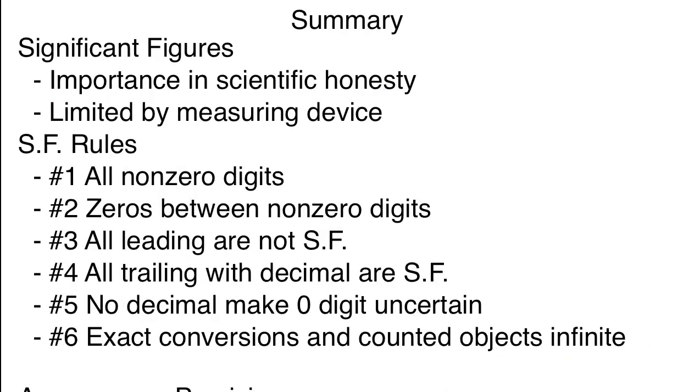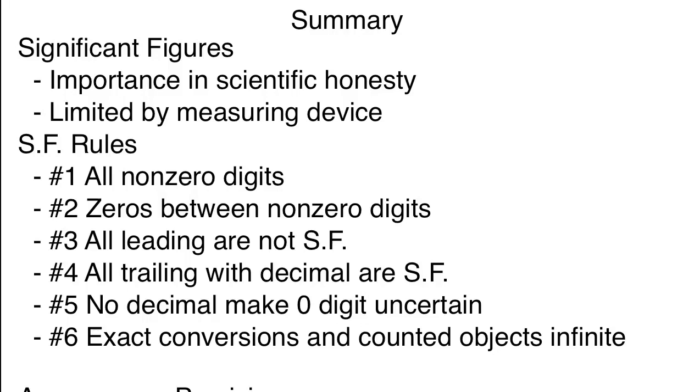All right, everyone, let's wrap up here with a summary of everything we've discussed in this lesson, and then we will complete the lesson on general units and conversions. So we started with significant figures. We talked about the importance of significant figures and why they actually matter.